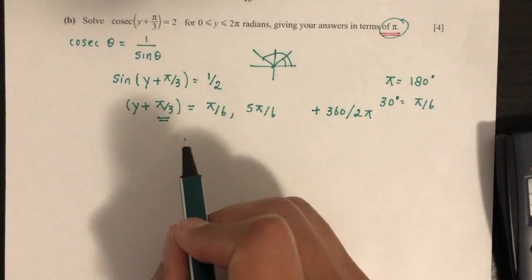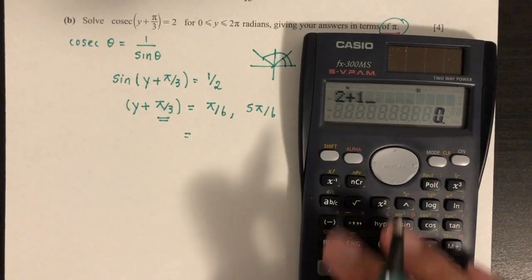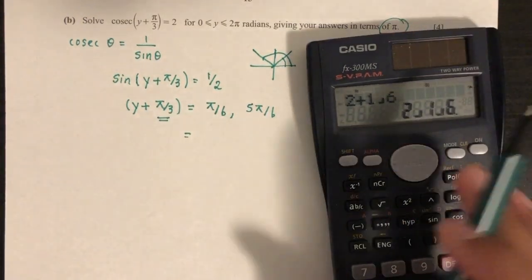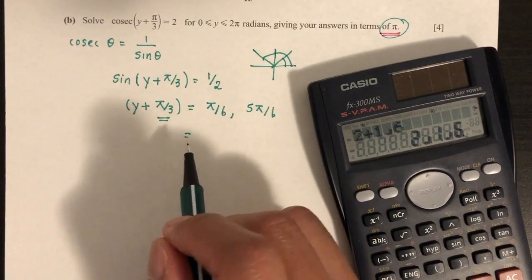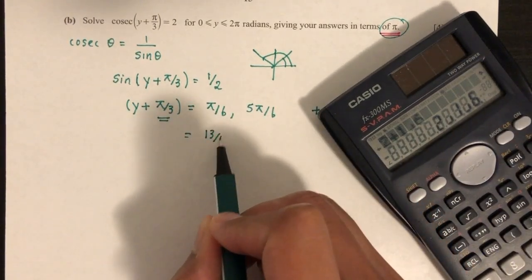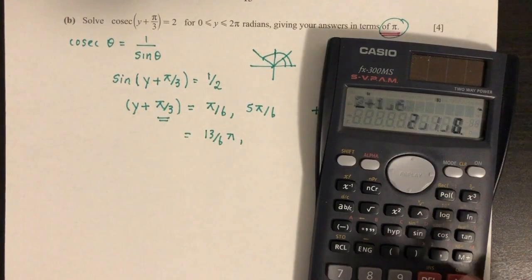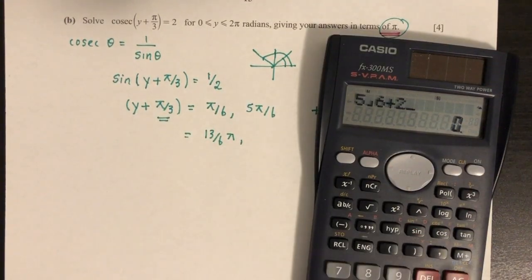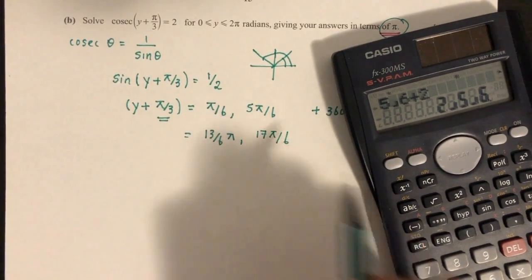The first value, if you add 2 pi, so we have 2 plus 1 over 6, that will become 2 and 1 over 6, which simplifies to 13 over 6 pi. Now for the second one, we have 5 over 6 plus 2 pi, that will be 17 pi over 6.